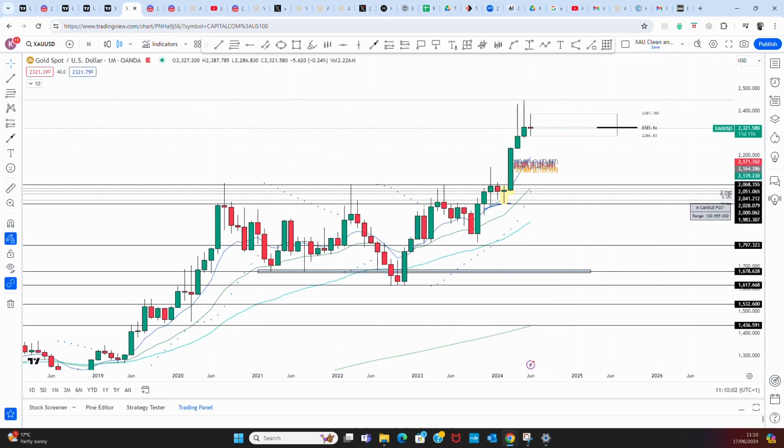Inside bar on the monthly, likely to take this.